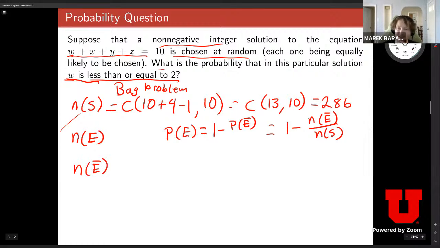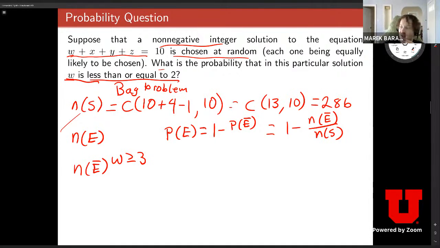What is the complement event? So w needs to be greater than or equal to 3, right? Because it can't be 2, 1, or 0 anymore. Does that make sense?